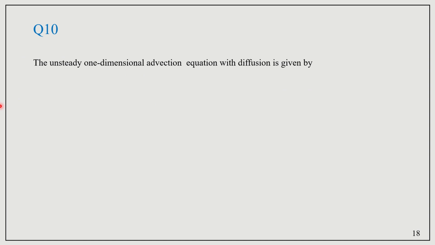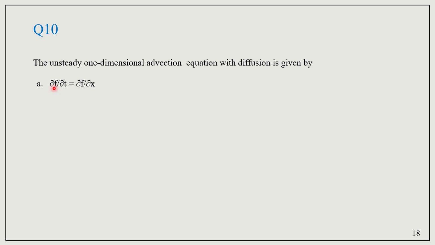We'll see the question. As I mentioned, the equation should satisfy four things. It should be an unsteady equation, it should be one dimensional, it should be an advection equation, and it should have a diffusion component as well. So we'll see the first option, dou f by dou t equal to dou f by dou x.